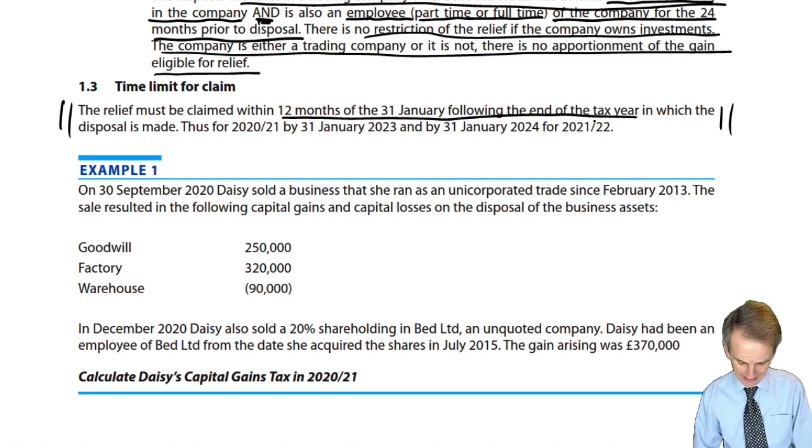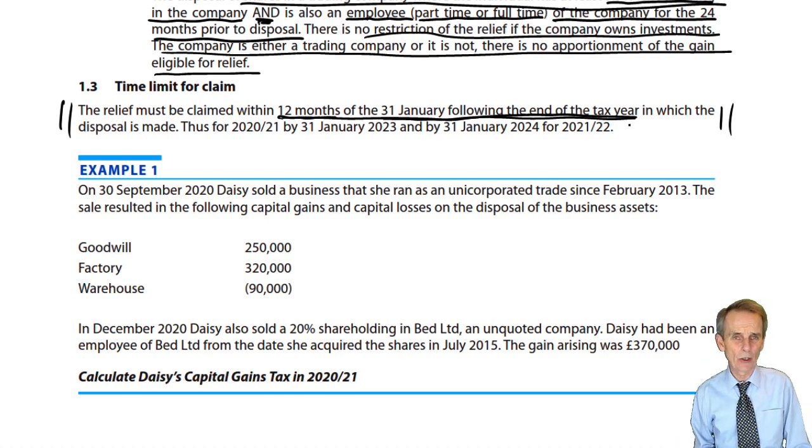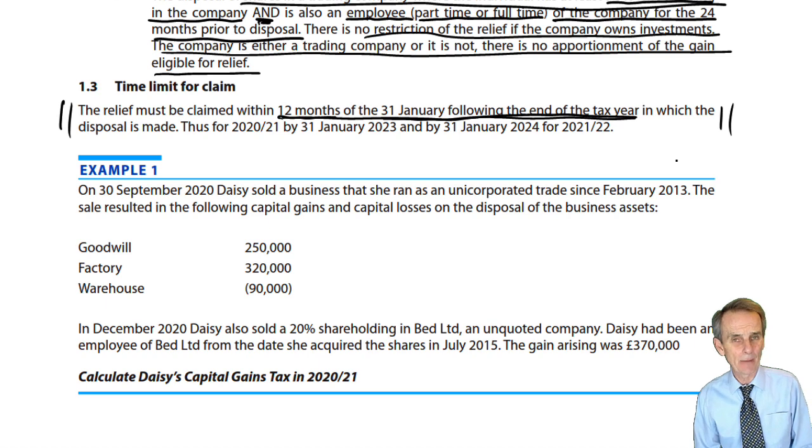Well, what we're now saying is that in relation to business asset disposal relief, it must be claimed within 12 months of the 31st of January following the end of the tax year. So you've got another year after when you had to pay your tax and get your tax returns in. You've got another year to make your mind up.